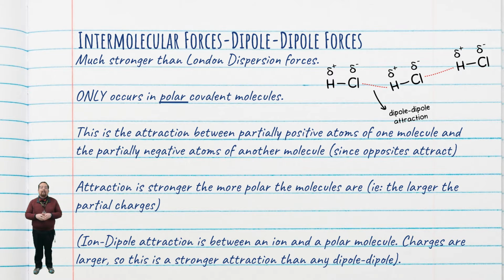In the same way, the partially positive end of our molecule will be attracted to any nearby negative charges in ions or partially negative charges in polar molecules. The more polar the molecules are, the larger their partial charges are. And as we talked about with ionic bonding, the larger those charges are, the stronger the attraction between them is.